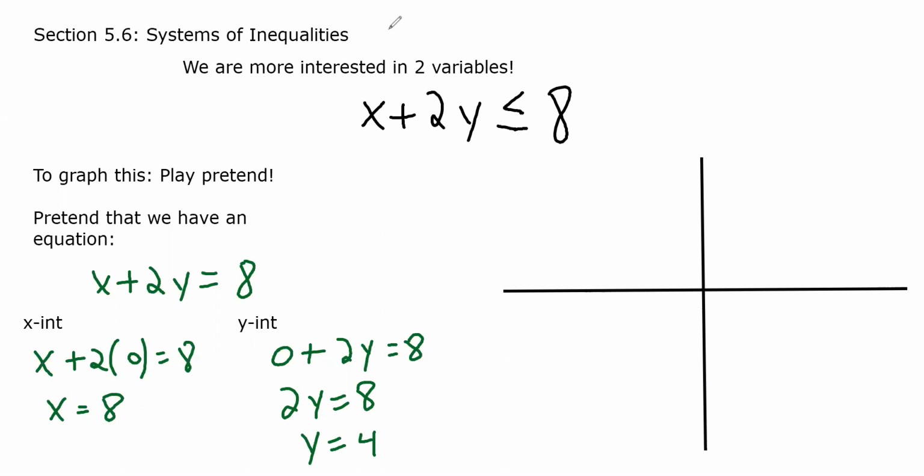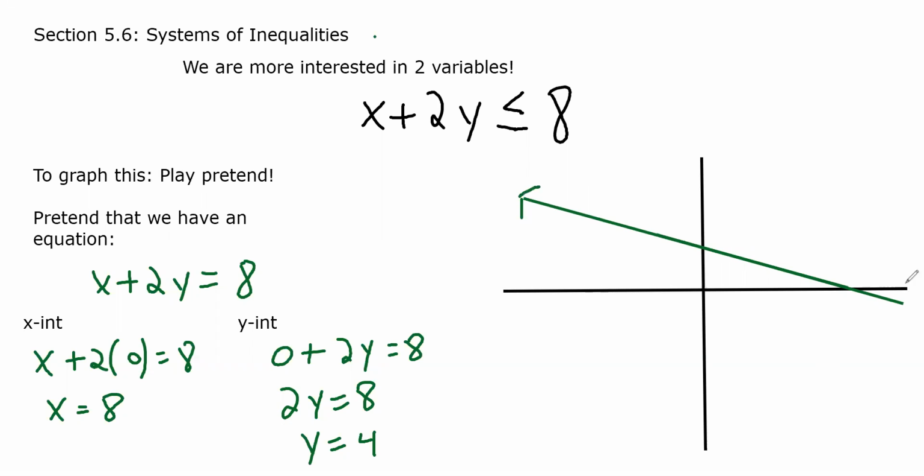So I'm going to graph that. And a y-intercept of 0, 4. So my line is going to look something like that.